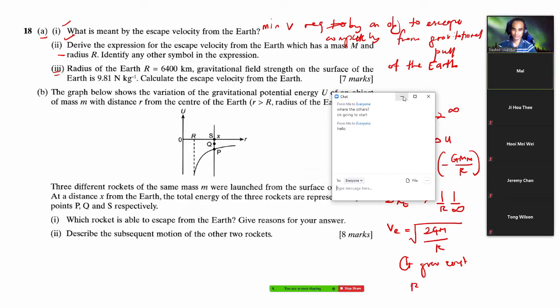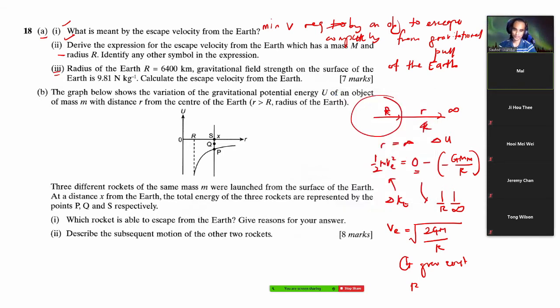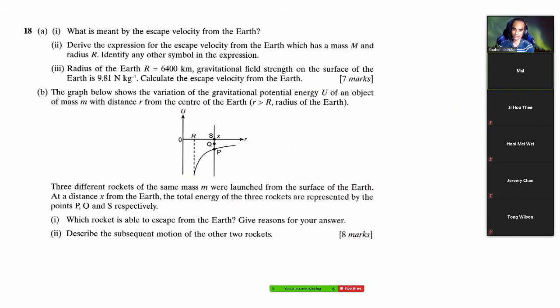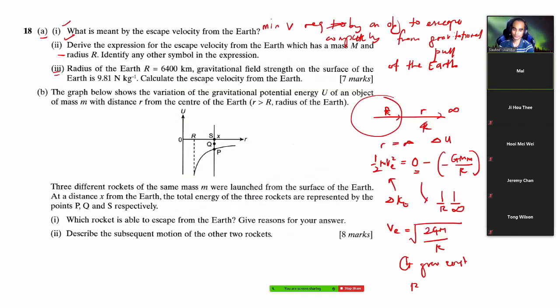Mel, are you there? Yes, hi. Just asking, the rockets that we are launching to outer space, did they achieve 11 kilometer per second or not?